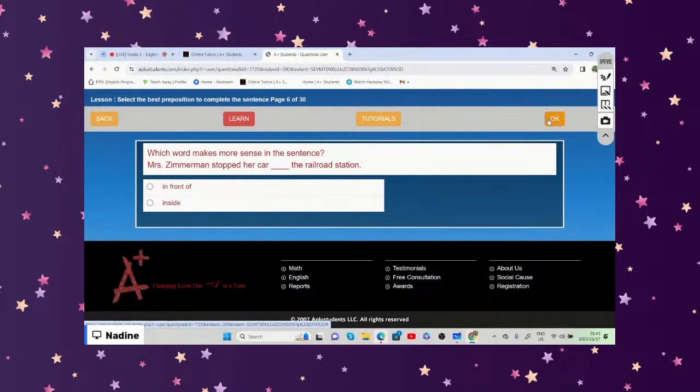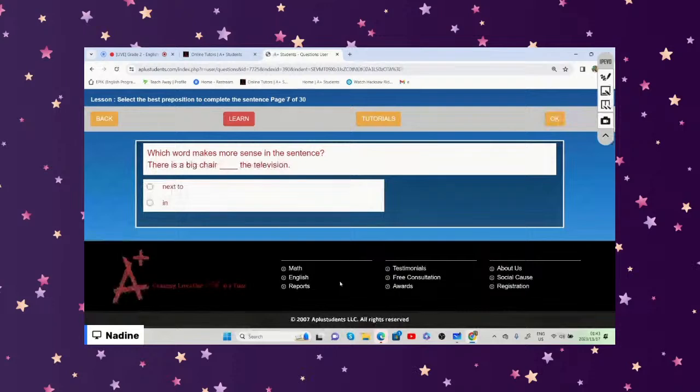Do we say in front of the railway station or inside of the railway station? All right, so we can maybe say it's in front of the railway station. Yes, in front of. So well done. In front of is correct.